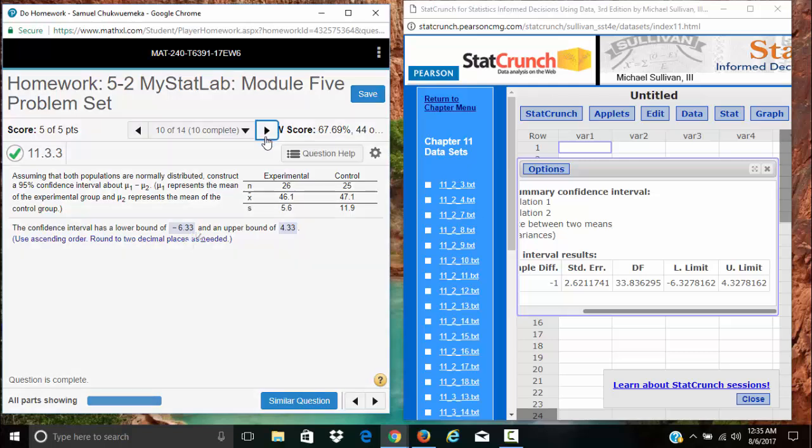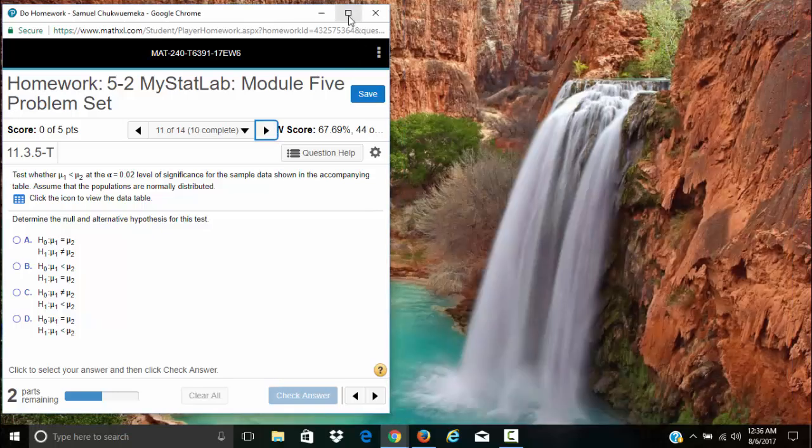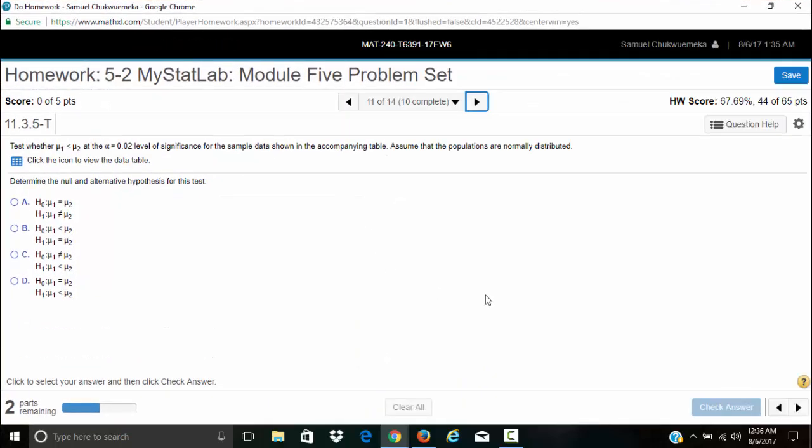Next question. Let's go ahead and close this. Question 11. Test whether mu1 is less than mu2 at the 0.02 significance level. This is a 2% significance level.